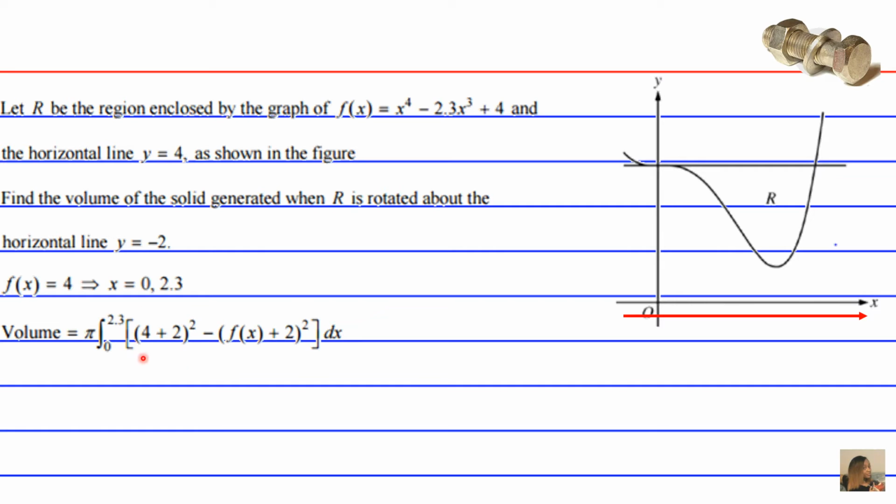This is where we get our r squared. And then we just factored out the pi, okay? Because we're going to see pi again over here, it becomes a constant, and we can just factor it out. Now the inner radius is the lower function, f of x, minus -2, because the radius traverses from there to here.